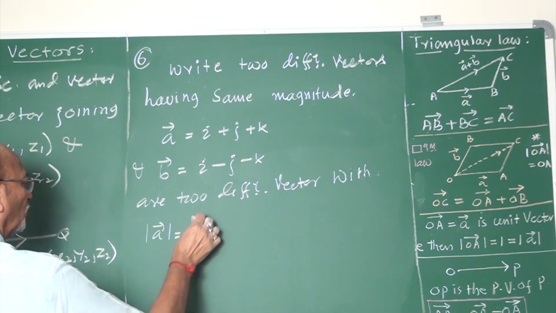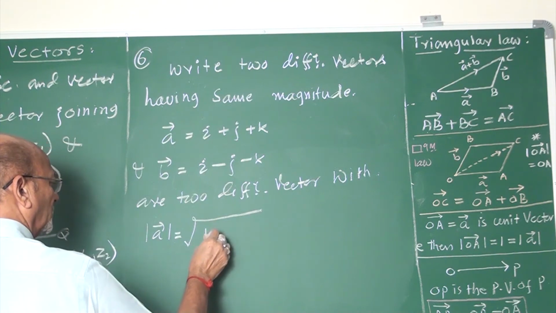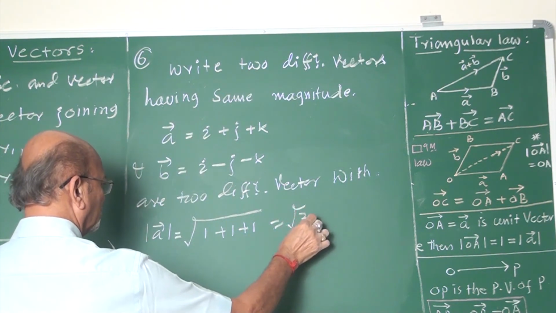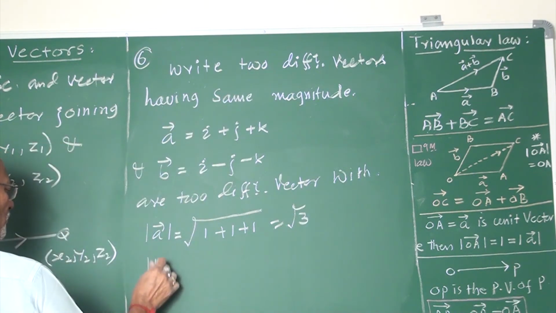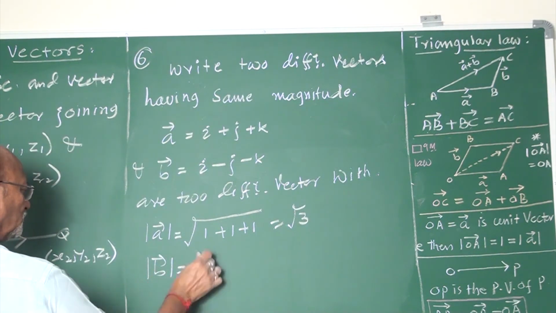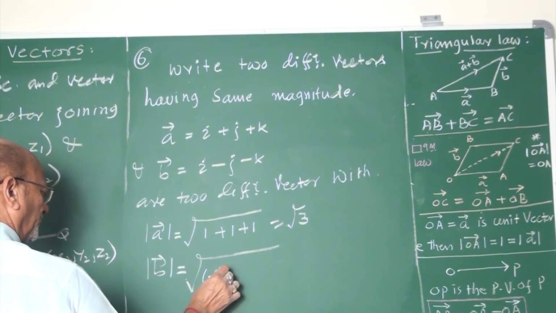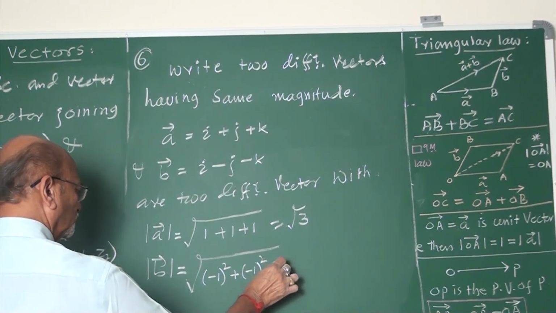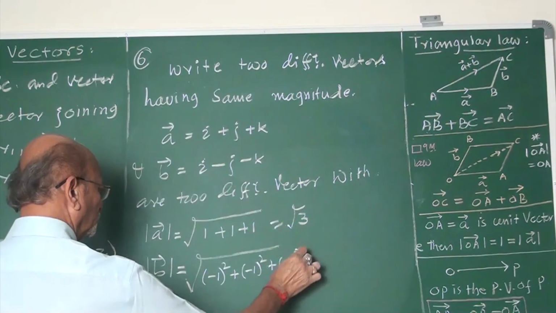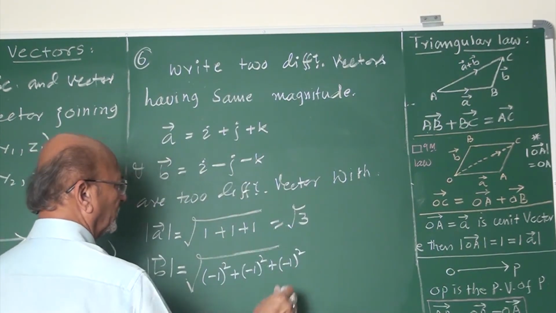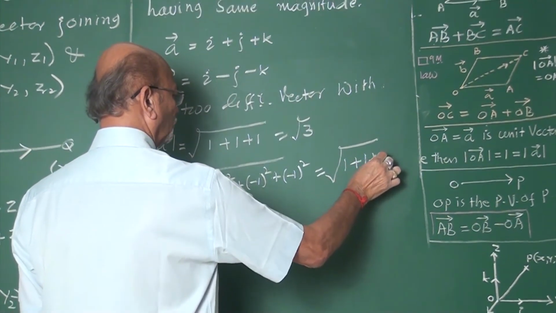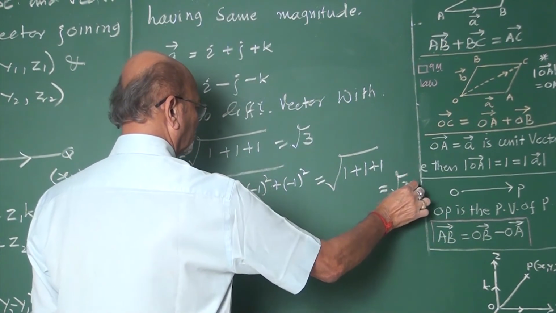It is the square root of the sum of squares of the scalar components, so root 3. And what is the magnitude of B? Square root of, I write, this step is important, (minus 1) whole square plus (minus 1) whole square plus (minus 1) whole square, which is again root 3.